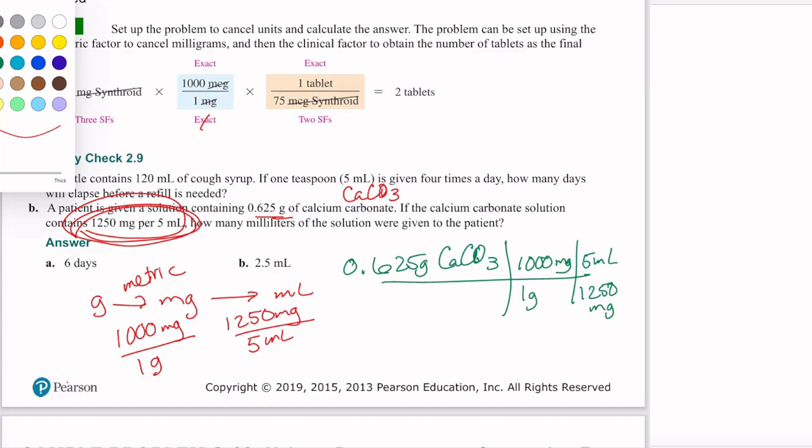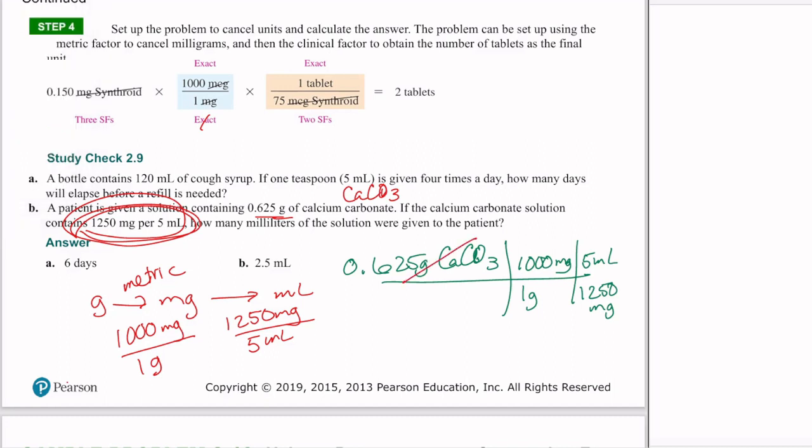Now we see that grams cancels, milligrams cancels, and we're left with milliliters. So our final answer is 2.5 milliliters.